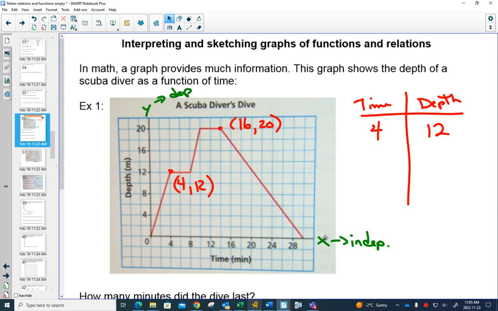So from 8 minutes to 10 minutes, they're swimming deeper until they get to 20 meters deep. Maybe they find the ground there in this new cavern. So it's kind of interesting. The graph is going up, but the scuba diver is going down. So we have to be able to interpret this.